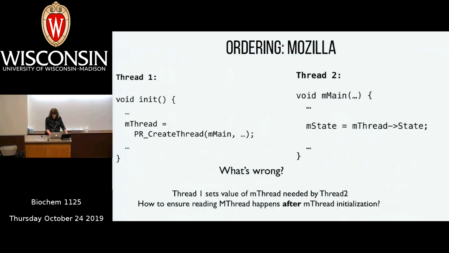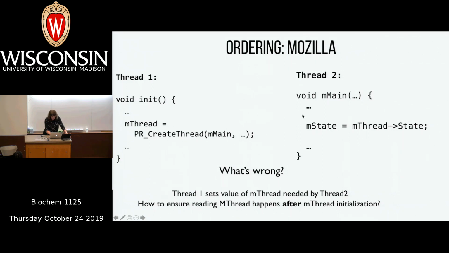If we don't use condition variables, what's wrong with this one? Yeah, so the problem is that thread 2 is dereferencing mThread. It's treating it like it's a valid pointer over here. But that pointer isn't being initialized until this create thread returns. So most of the time, this is going to return very quickly and set this pointer to the right value.